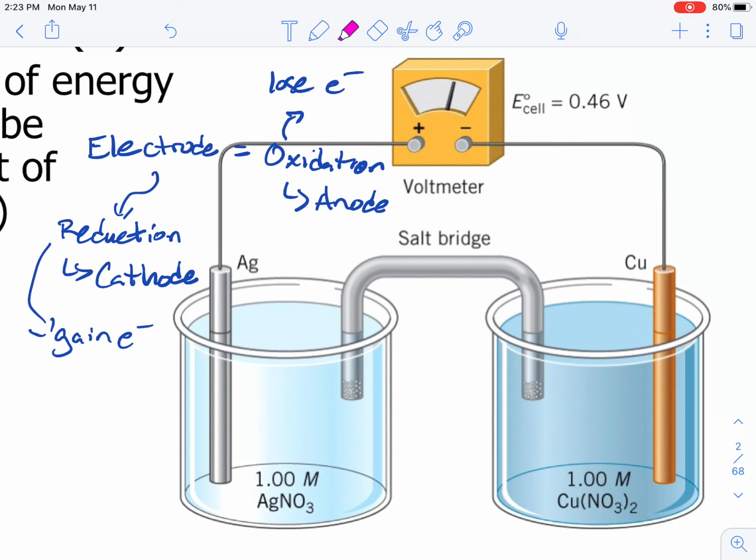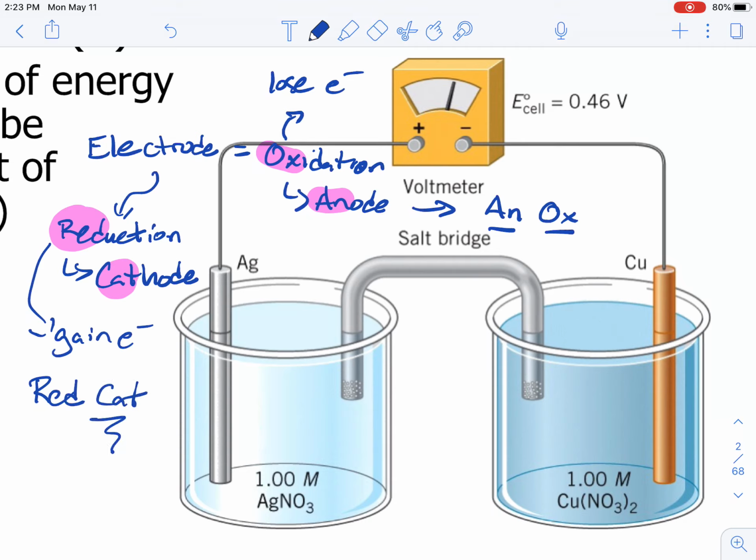For example, if I highlight the first two letters here, an ox represents anode and oxidation. Whereas if we use the first three letters, we have red cat. In other words, the cathode is the site where reduction will occur.